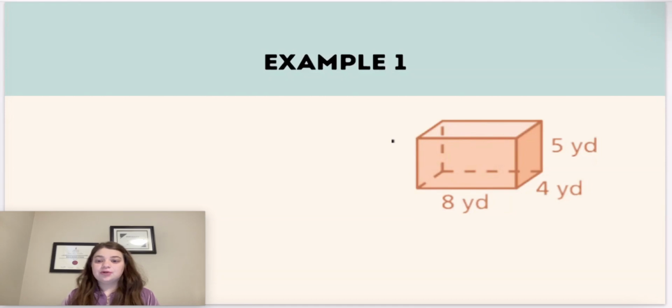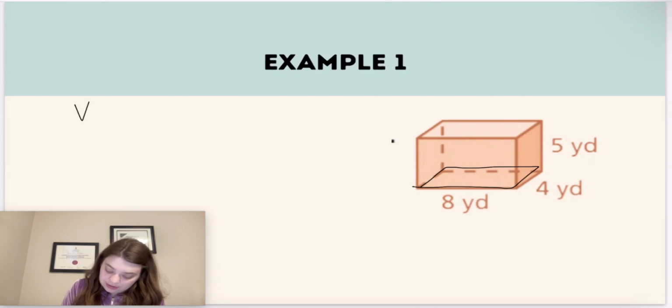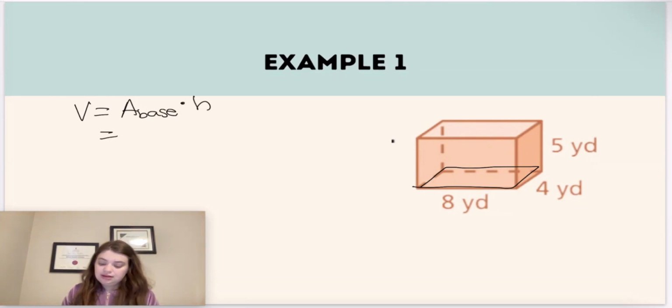So the first example is a rectangular prism. The reason I know is because I noticed that this base is a rectangle. And so in this case, the area of the base is length times width. So the volume here is going to be area of the base times the height, and the area of the base is length times width.